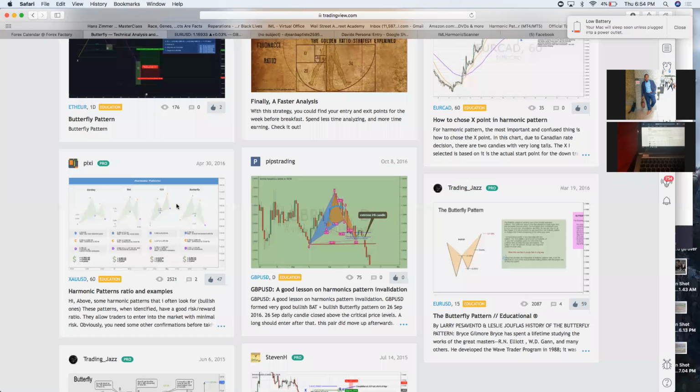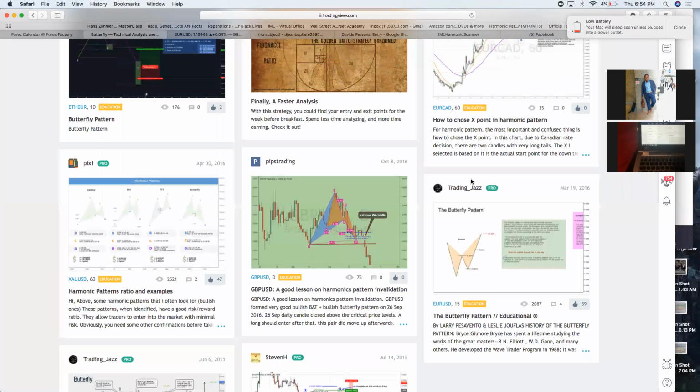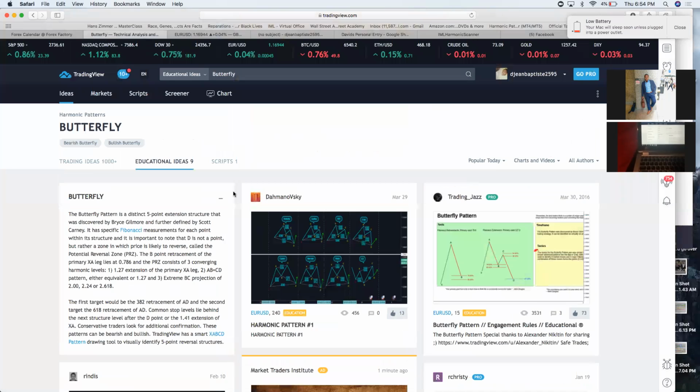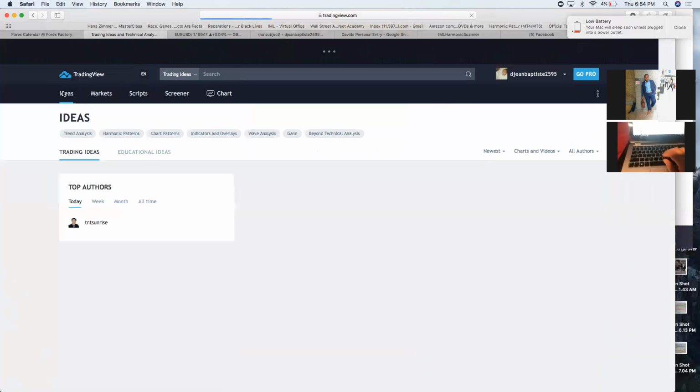Let's click on this and see what it does. It tells you how to create a gartley, a bat, a 1-2-1, and a butterfly. This is a perfect opportunity to get a little bit more information on butterfly patterns, shark patterns, anything like that, right? So let's go back to ideas.